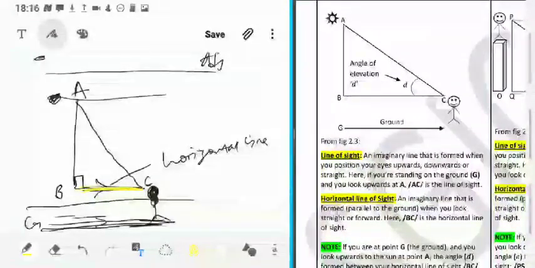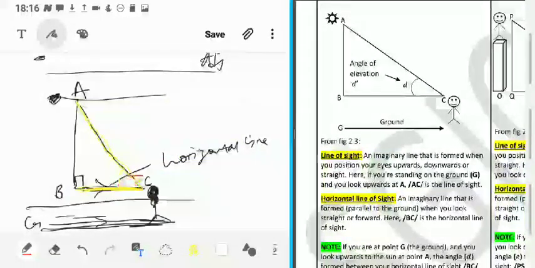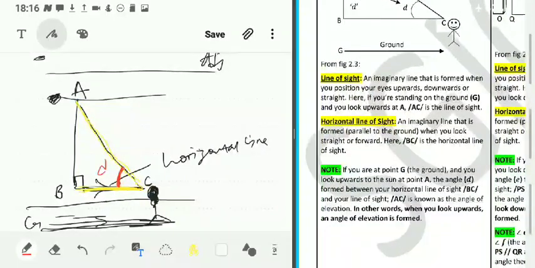But when the person now looks up, changes his gaze upward, there is an angle that is going to be formed. That angle is known as the angle of elevation. You elevate your eyesight. That's what I called D in this place. And the note is very important. It said, please note, when you look upwards, an angle of elevation is formed.